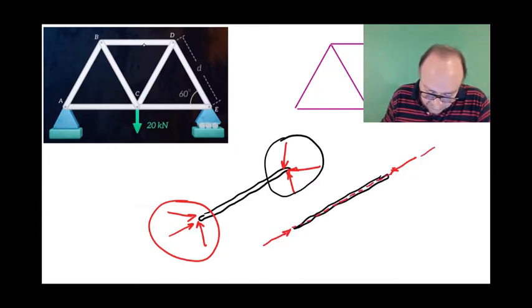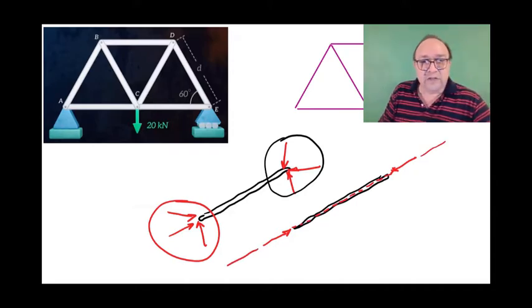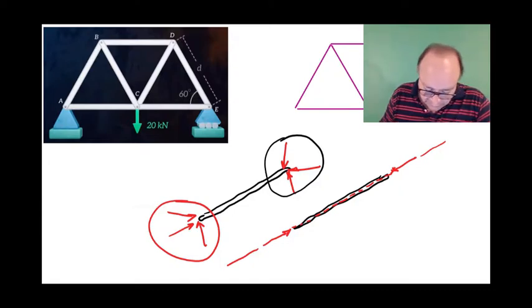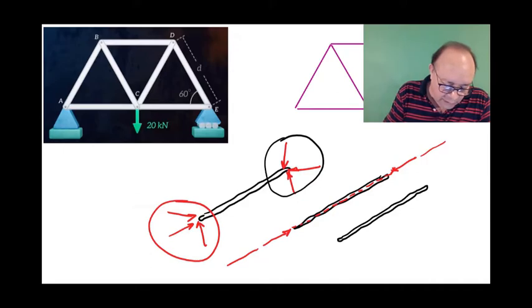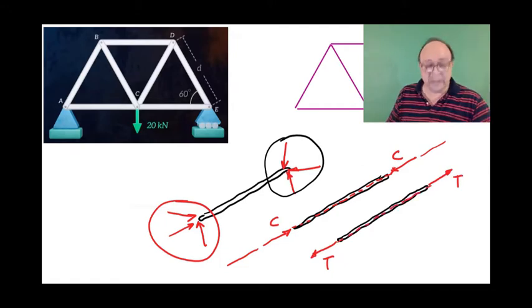They have to share the line of action like this. So whether it's in tension or in compression, these elements will have an axial load. In this case it will be compression, or in this case tension. So the load has to go through the axis of the element.